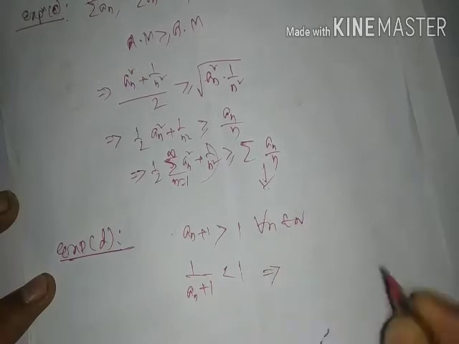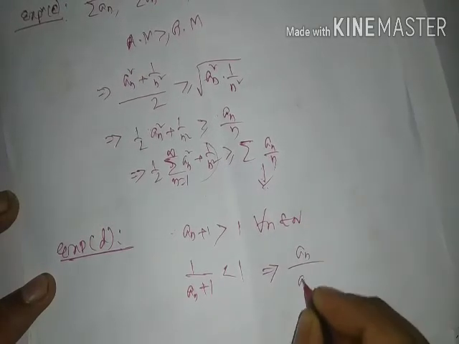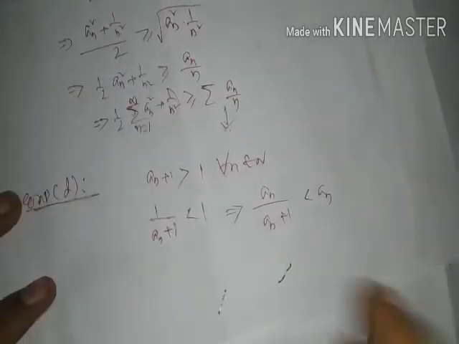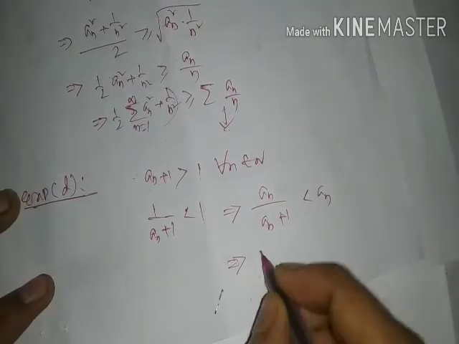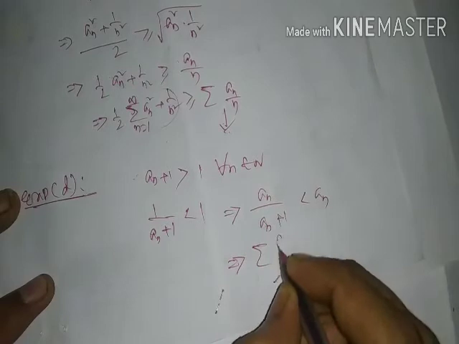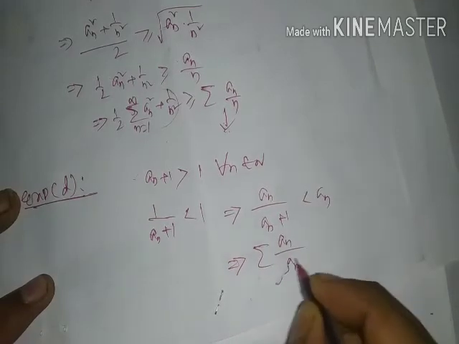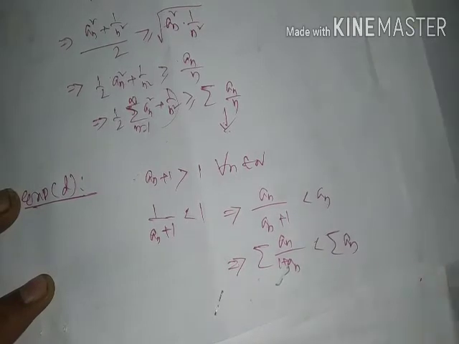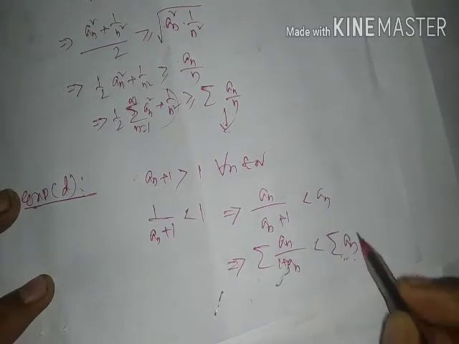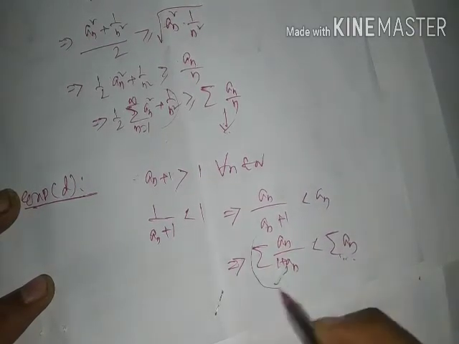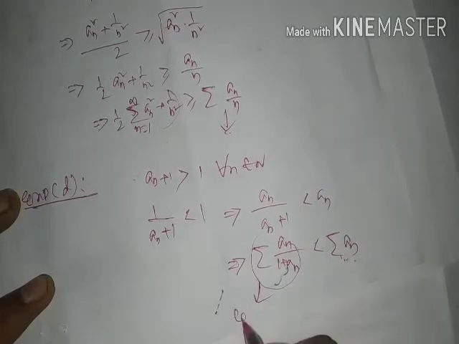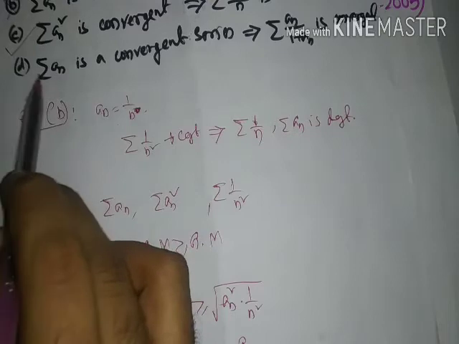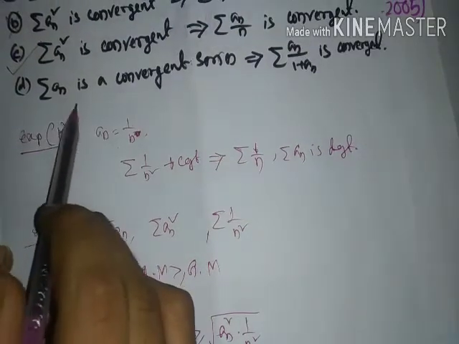If we multiply both sides, a_n by n plus 1 less than a_n. Now we take both side the series. So a_n by 1 plus n, this is series a_n. As this series is convergent, by comparison test this is also convergent. So this option is also correct.